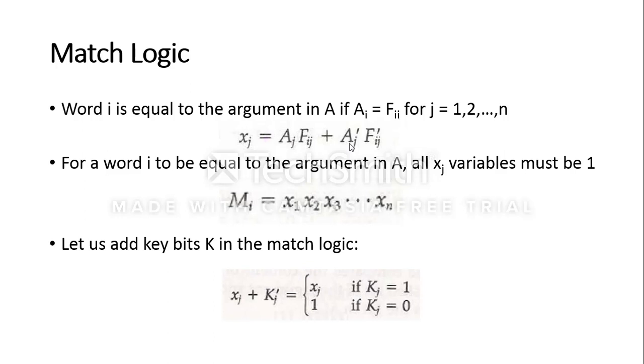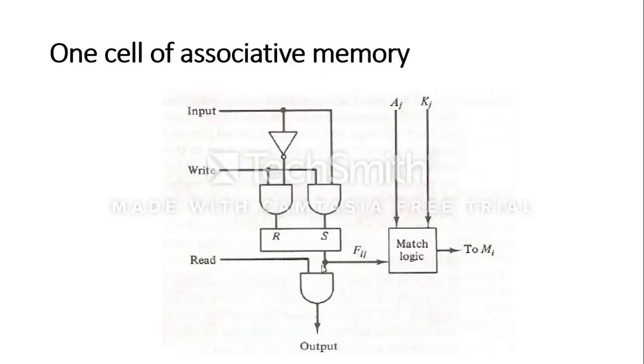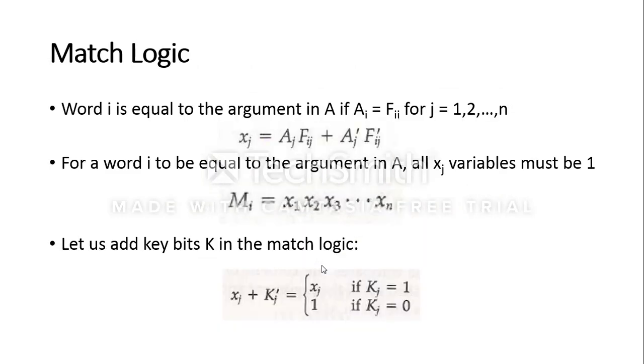So if we have the jth bit of the argument register, this is Aj, then this is required to be compared with Cij. If I take the ith word of the associative memory, Cij can also be written as Fij, the output of the RS flip-flop that contains the value of Cij. So basically the XNOR operation is required to be performed on Aj and Fij.